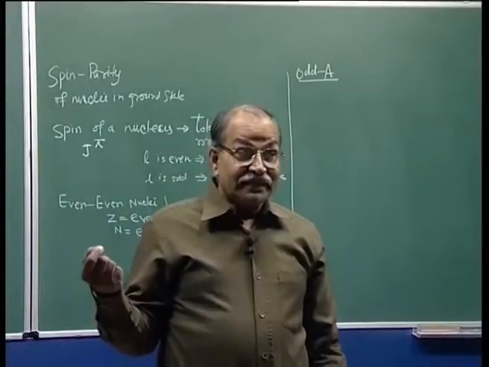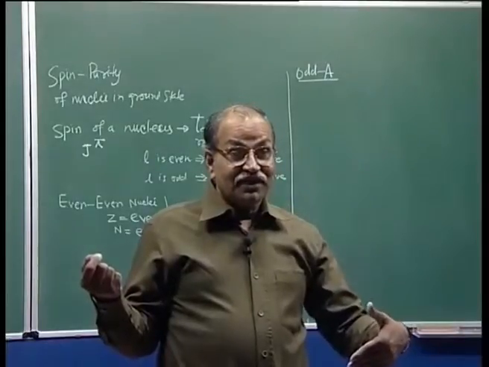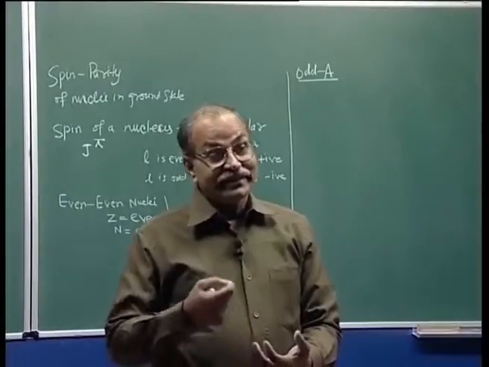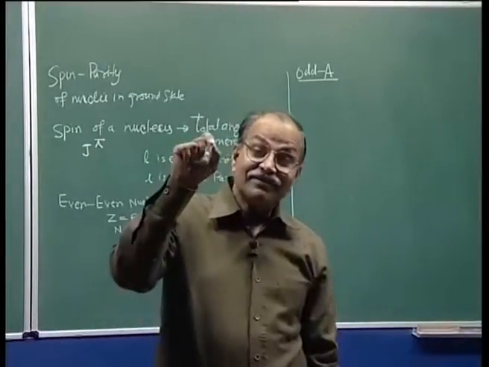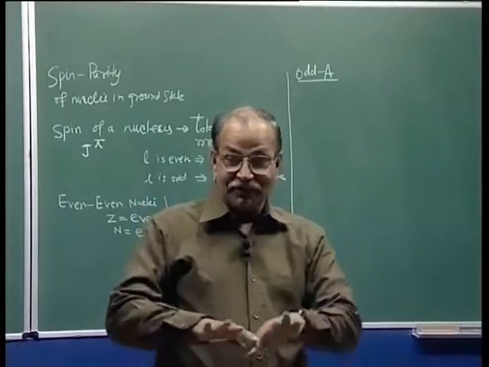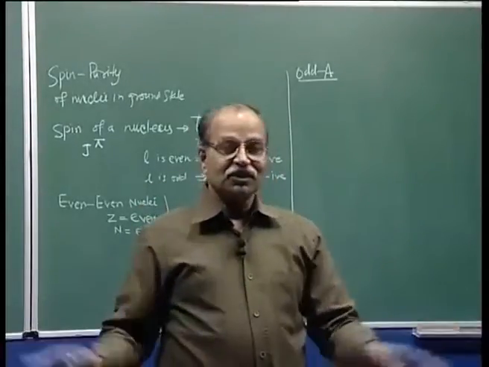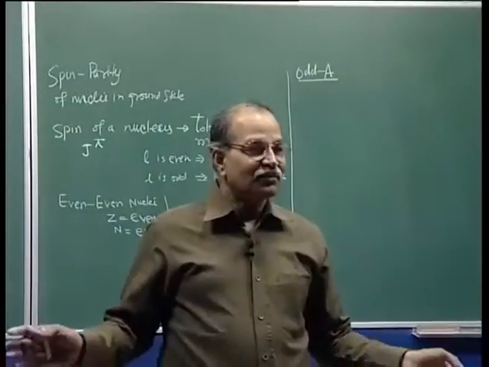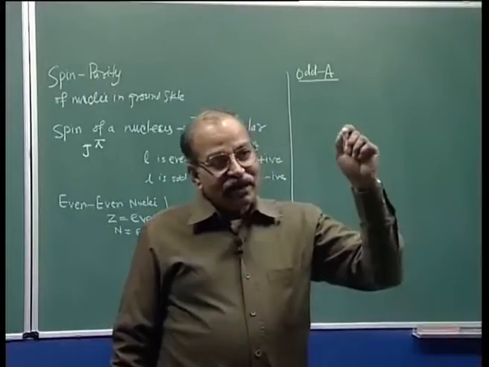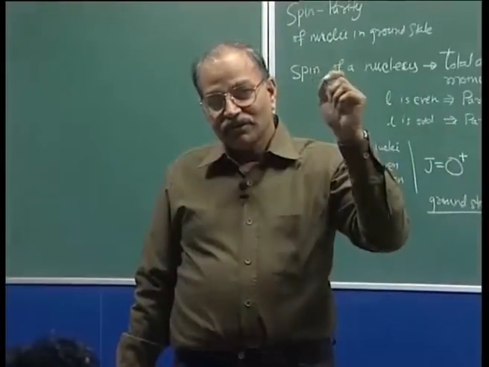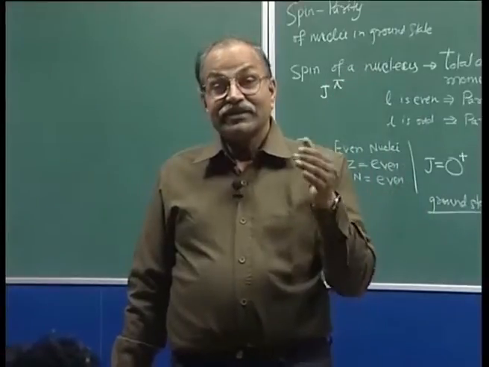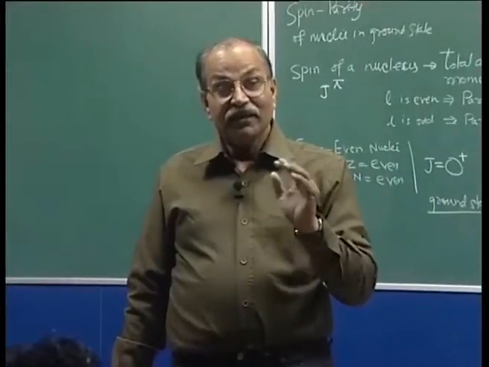So, in the extreme single particle model, we assume that the property of this nucleus is decided by that last nucleon only. Everything else which has paired up will give you 0 spin, 0 parity, 0 angular momentum, 0 magnetic moment. Only that last unpaired nucleon will decide all those properties.